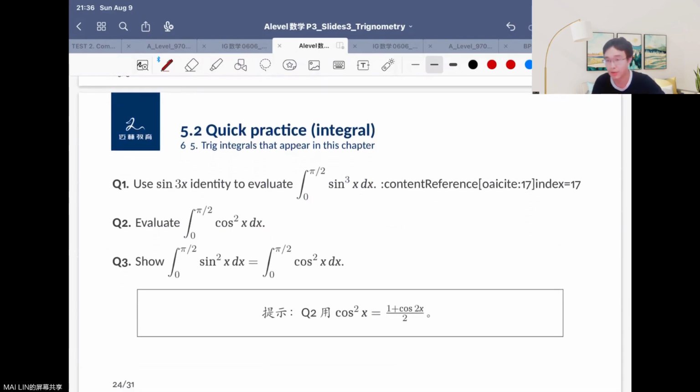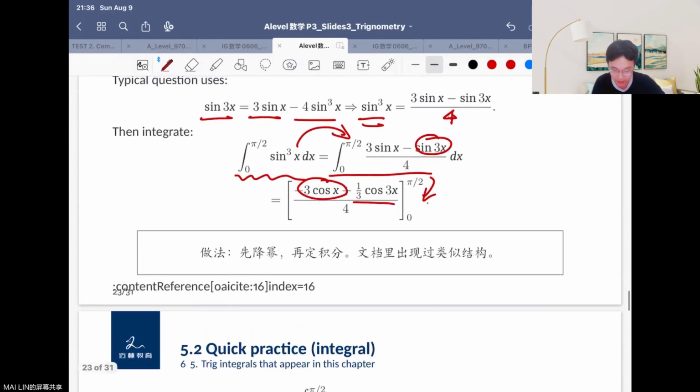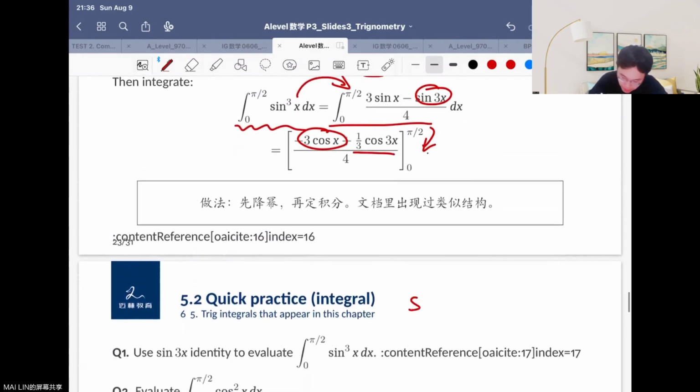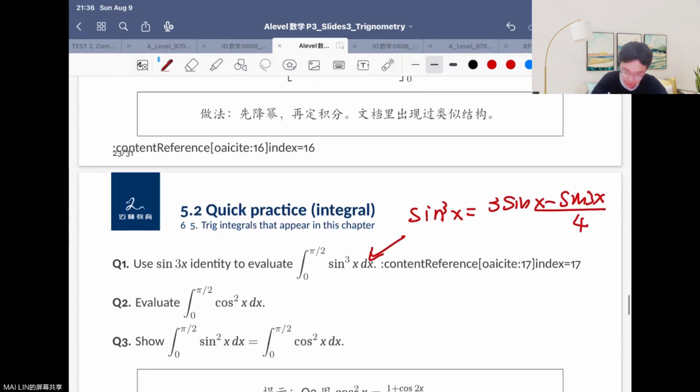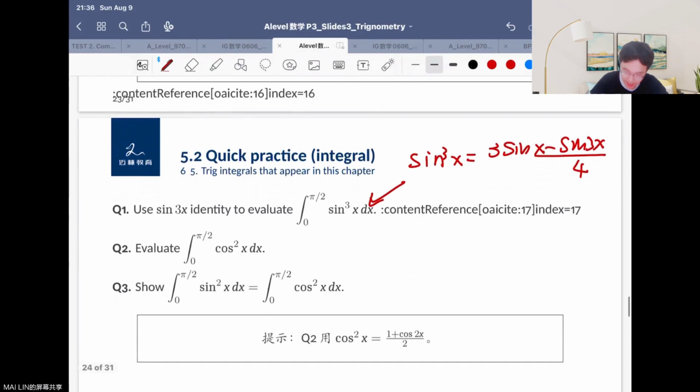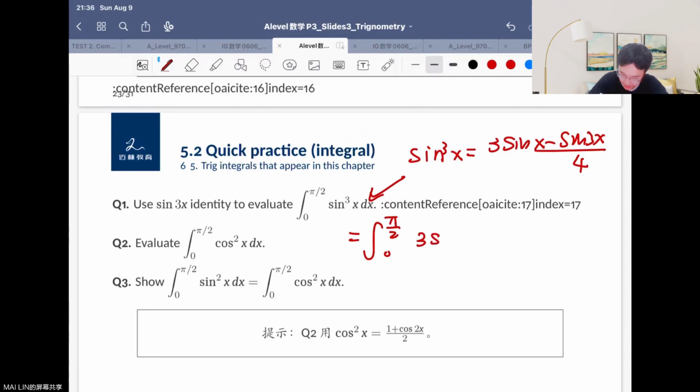And here's a very quick practice for you. Let's do this problem together. First we have sine cubed x equals 3 sine x minus sine 3x over 4. Then we can substitute into the first equation and set it equal to the integral from 0 to pi over 2 of 3 sine x minus sine 3x over 4 dx.